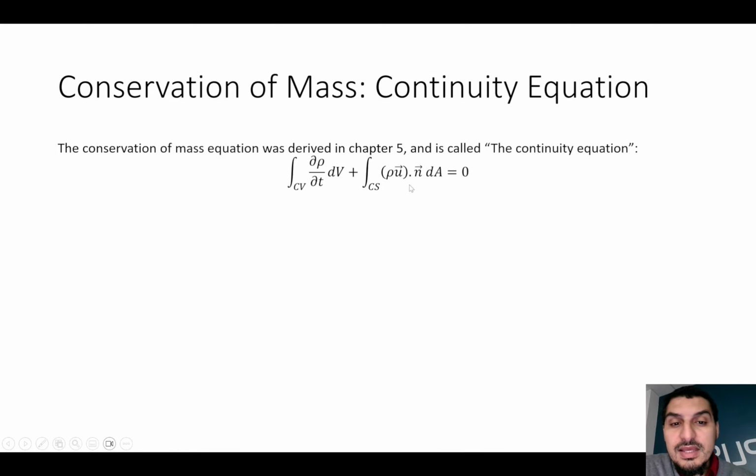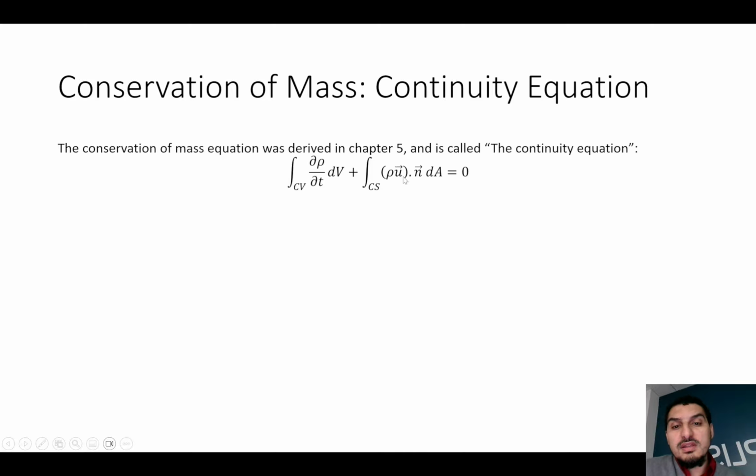So we said this n is the normal vector to the surface, outward towards the outside of the control volume, and the dot product would be positive if the velocity has the same direction as this normal vector. So if the flow is out, then the dot product is positive.